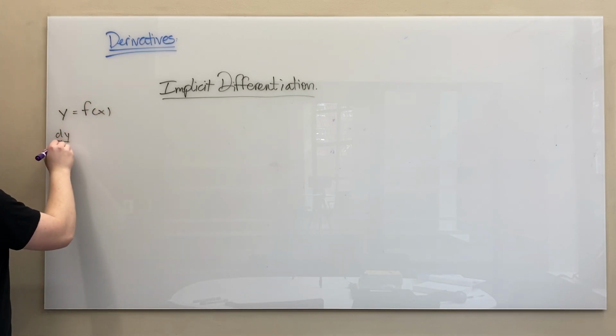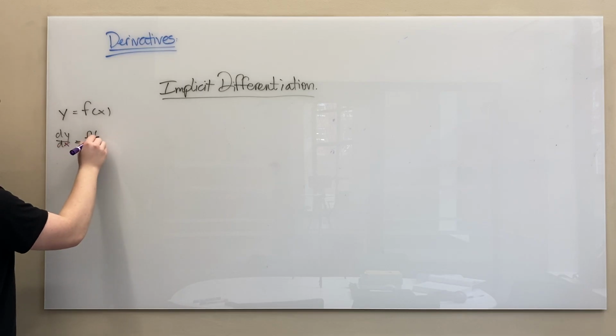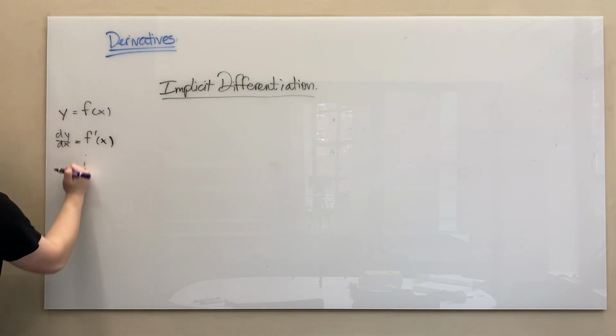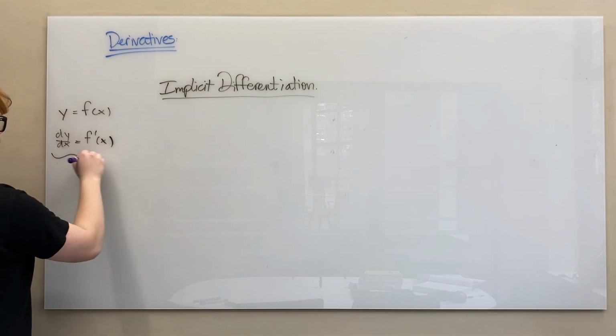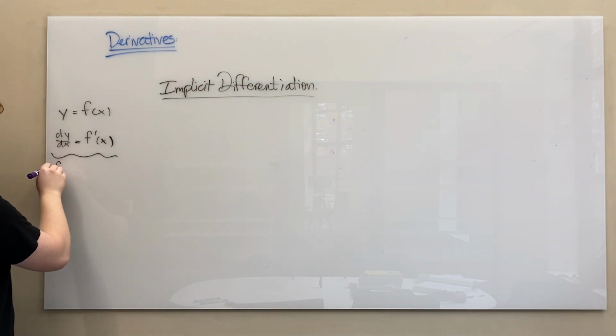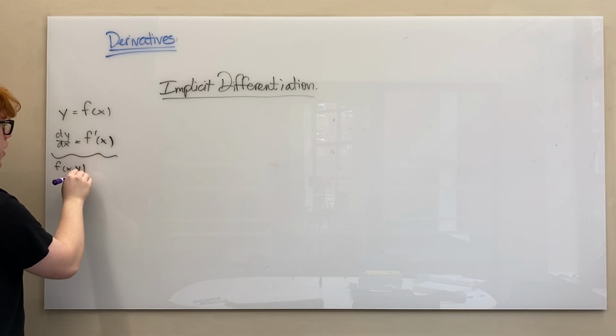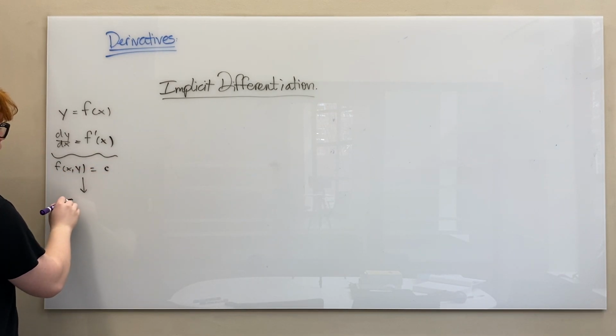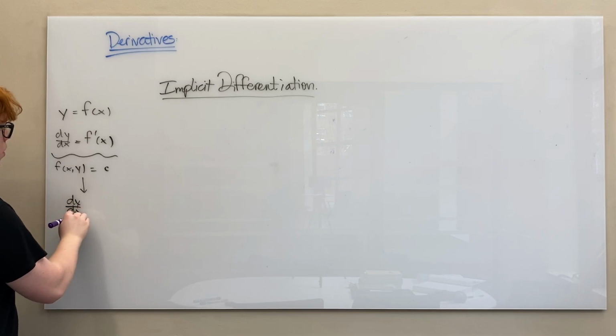And so dy/dx is equal to f prime of x, and so on. Well, now we're going to have some function of x and y equal to a constant, and we're going to have to get our dy/dx form.